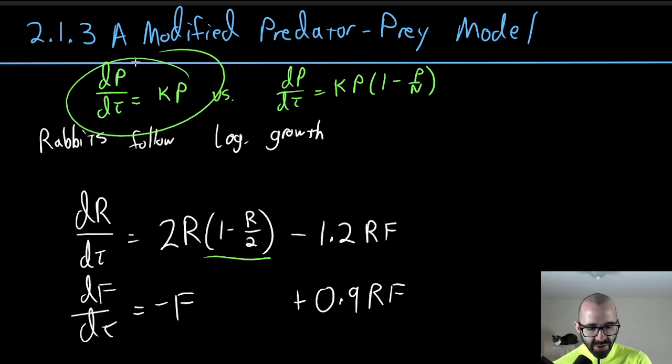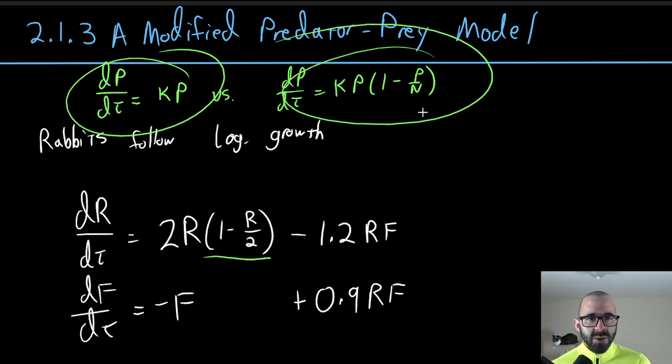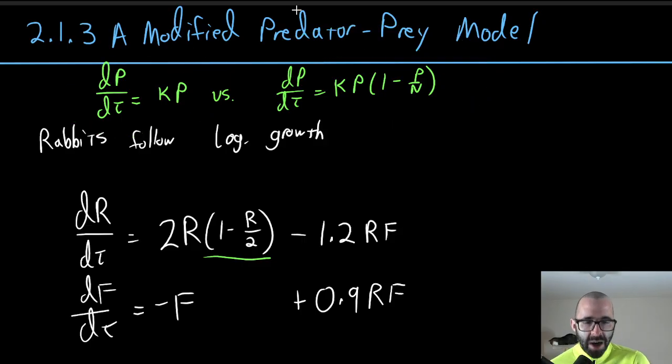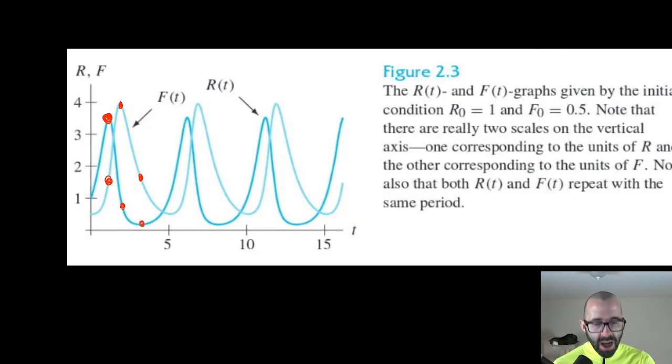Think about, again, this exact thing. This was a small thing that we incorporated, and it came from something that was very logical. The solution looks very different between these two differential equations, but again, this is the power of ODEs. So let's remember what happened. The original predator-prey model had these delayed periodic functions where the fox population follows the rabbit population.